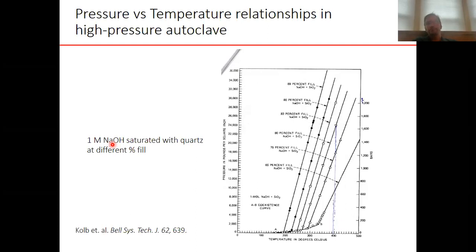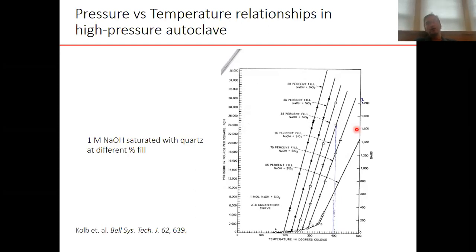So you see here the pressure in the autoclave as a function of the temperature and as a function of the so-called fill rate. The fill rate is the percentage by which the autoclave is filled at room temperature.